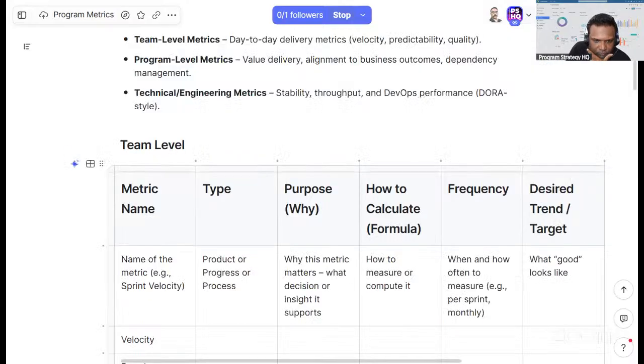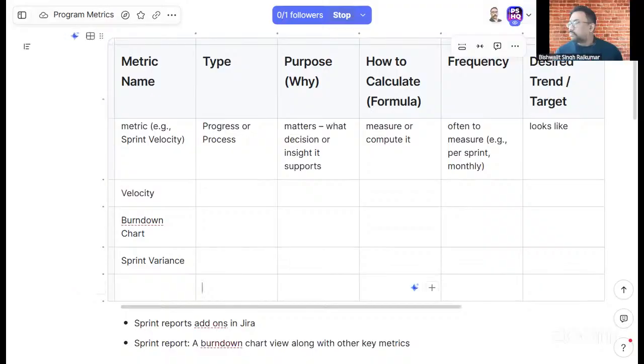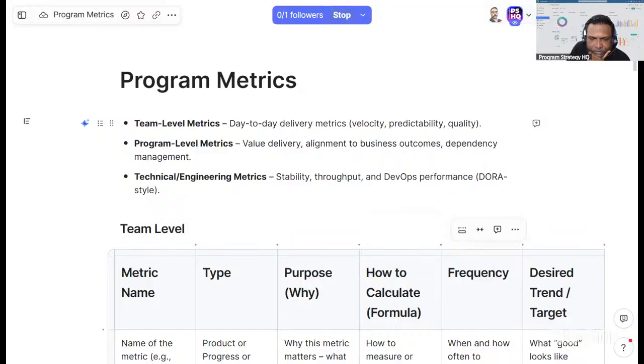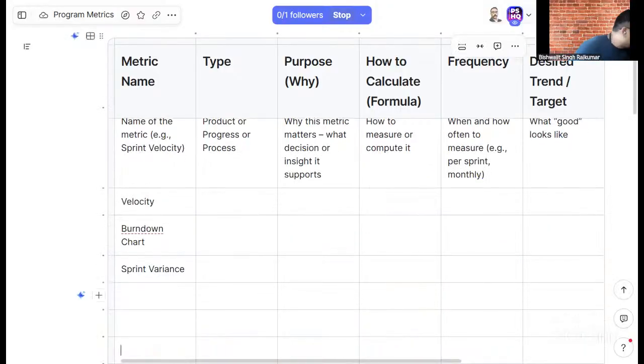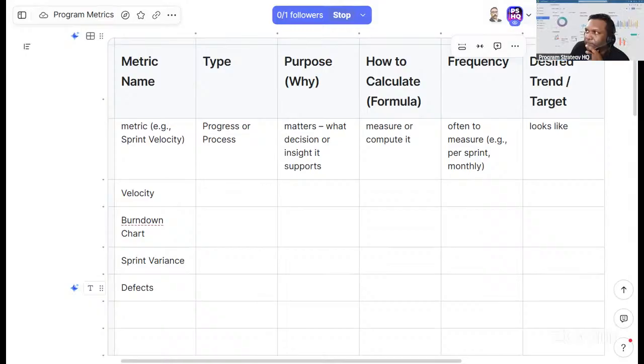Okay, so we'll deep dive into each of these: velocity, burn down chart, sprint variance. Anything else which comes to your mind? Velocity, predictability. I think there are many, but defect rate, defects. In each sprint, if there is something being reported from production, yes, production defects, slippage.